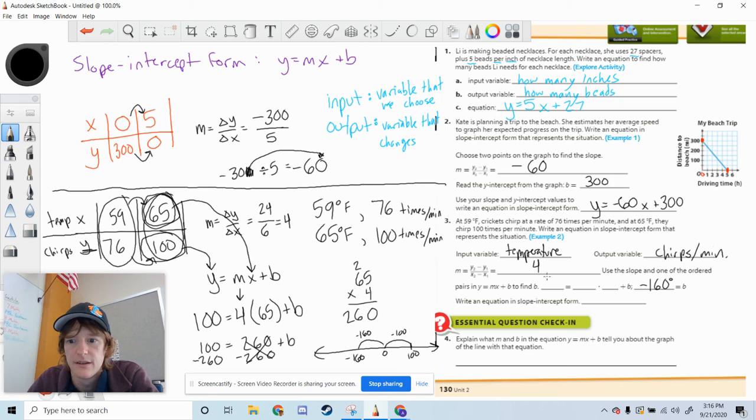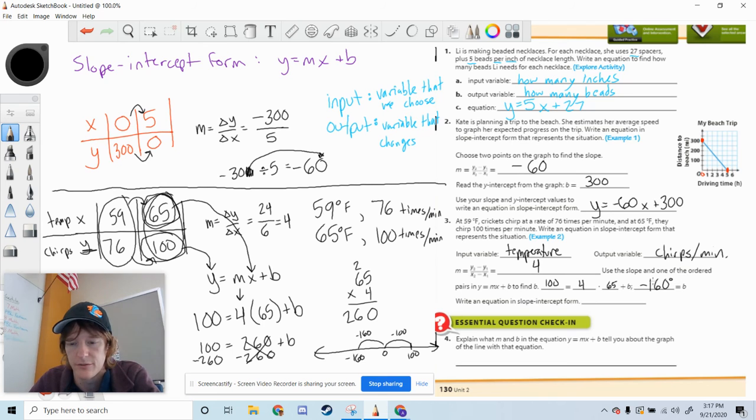Now, let's fill in these blanks. Use the slope and one of the ordered pairs in y equals mx plus b to find b. So we changed it to 100 equals 4 times 65 plus b, and then we can solve that for b.